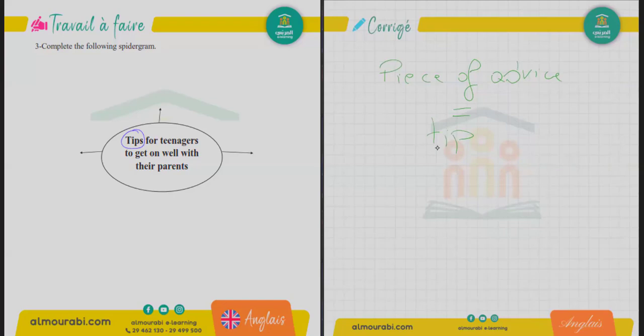Here we have someone who told us: listen to their advice sometimes, to get on well with their parents. According to Reem, this is to listen. Reem, focus on spelling, okay? That's how to spell listen.